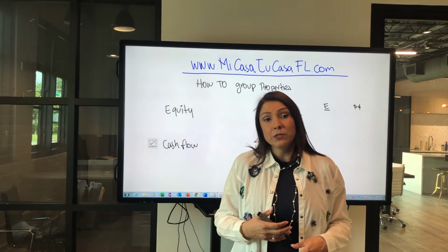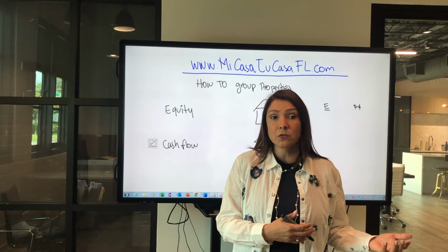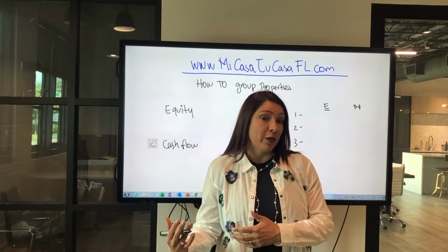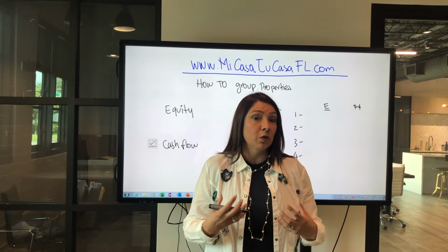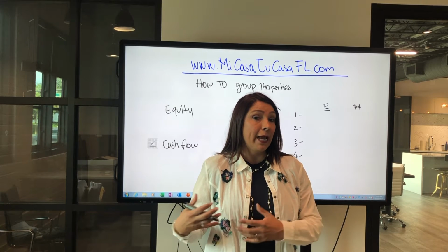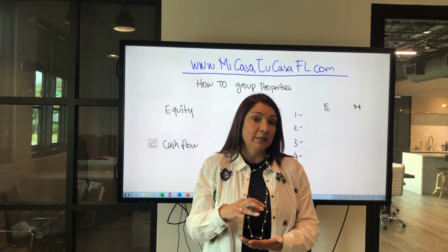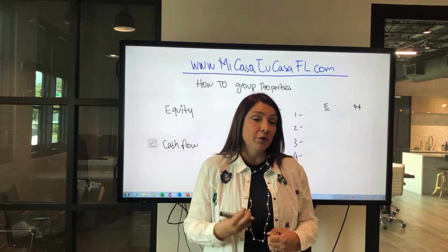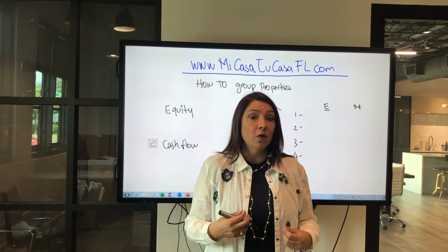The best way to group them can be by the cash flow the property is producing or by the equity. We normally try to group them by equity, because that way you are reducing the risk, and everything comes down to the risk you are willing to take, your risk tolerance.